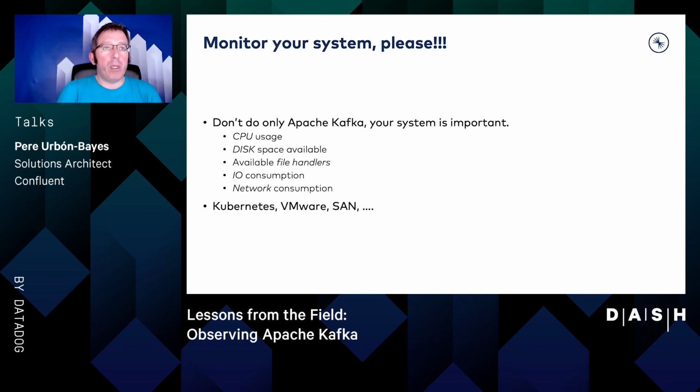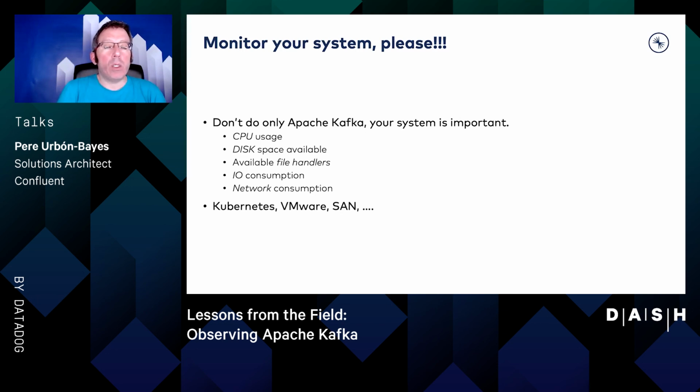IO consumption, network consumption, all of these 5 metrics are critical and should always be up to date. Probably the 2 most important ones, those I have seen take brokers down, are disk space and availability of file handlers. Just please remember, always monitor your system as well.